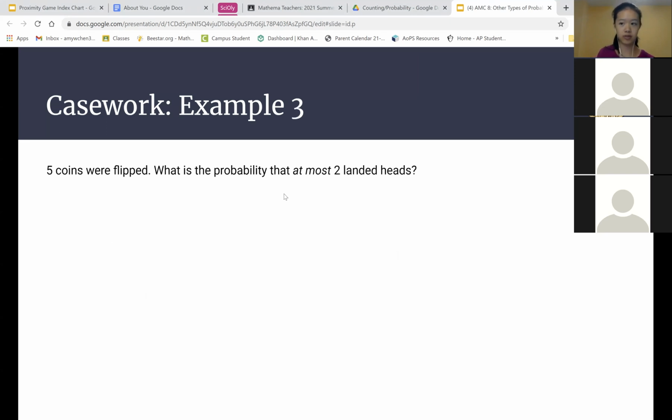Okay, one more example. 5 coins are flipped. What's the probability that at most 2 landed heads?